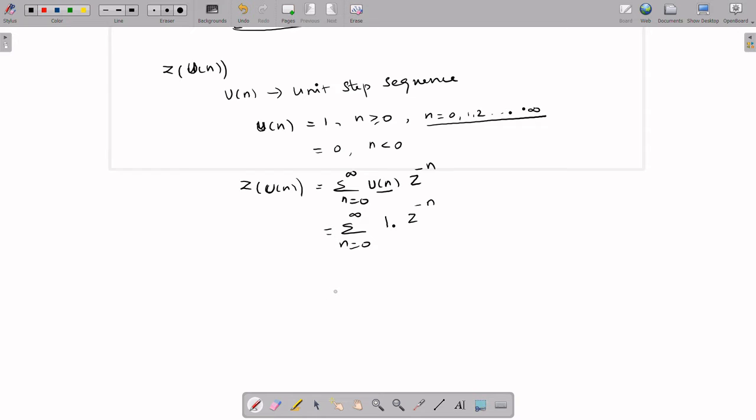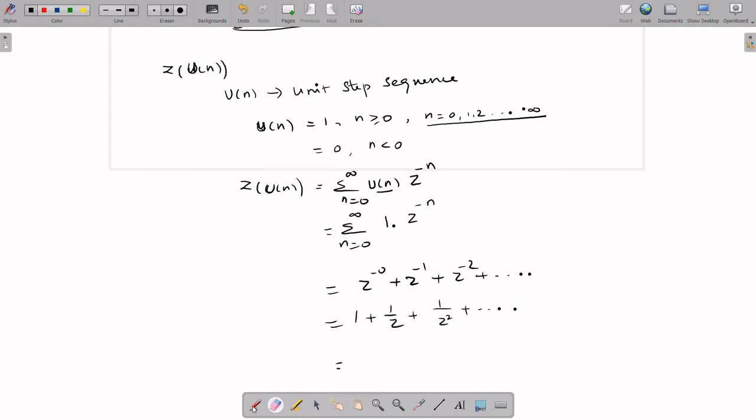So this is equal to the summation of z power minus n. We have 1 into this term: n is equal to 0, you have z power minus 0, plus n is equal to 1, you have z power minus 1, plus z power minus 2, plus etc. Or otherwise 1 plus 1 by z plus 1 by z squared plus etc. This is the form 1 plus x plus x squared, isn't it? which sums to 1 minus x whole power minus 1, but here x value is equal to 1 by z.